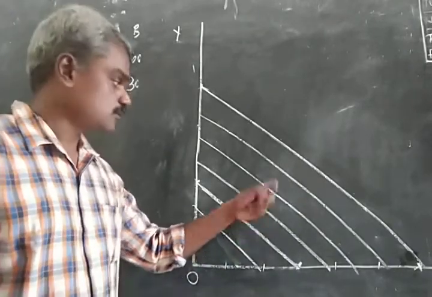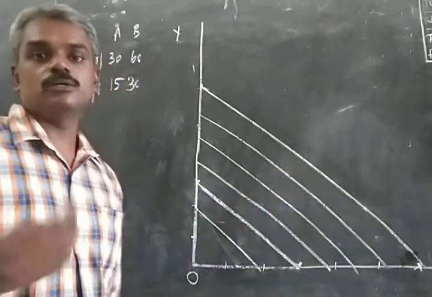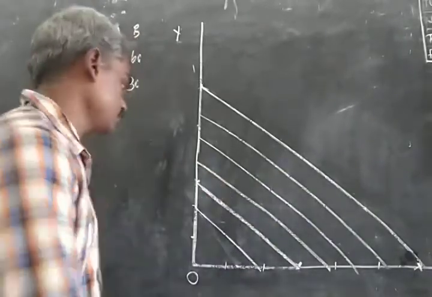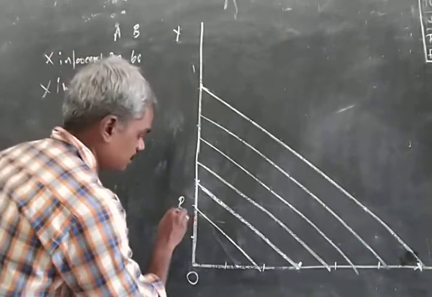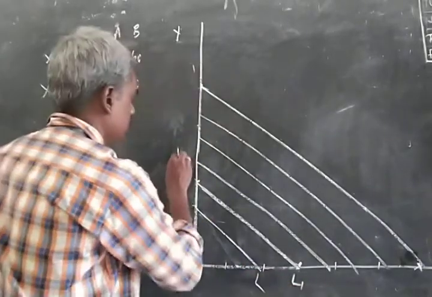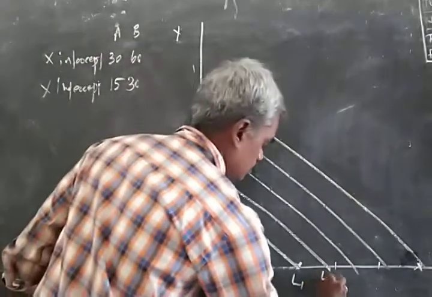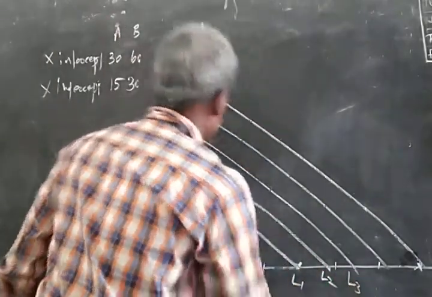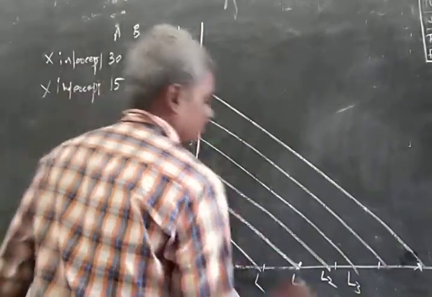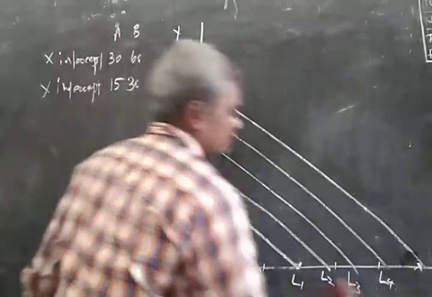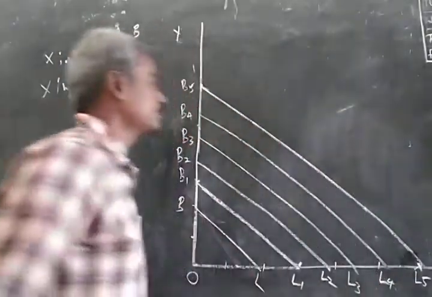It shifts again and again, and goes on shifting as long as the consumer's income is increasing. And we can name these budget lines BL, B1 L1, B2 L2, B3 L3, B4 L4, B5 L5.